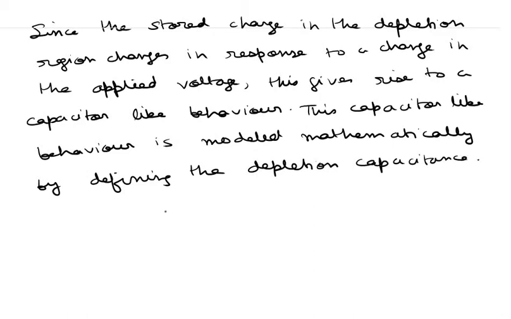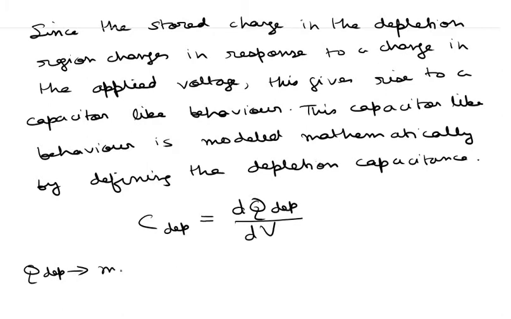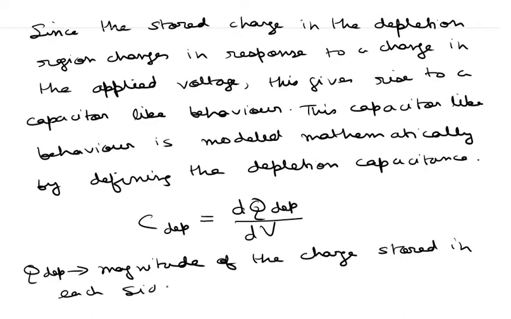So the depletion capacitance is given by the formula C dep, where dep stands for depletion, equals dQ depletion by dV, where Q depletion is basically the magnitude of the charge stored on each side of the depletion layer.